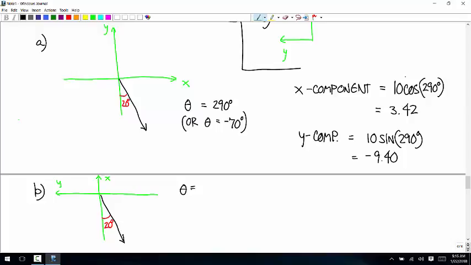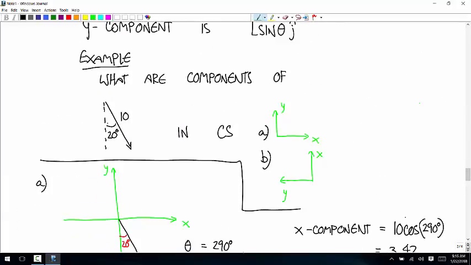Why is it? The magnitude of the vector is 10. I gave it up there. Yeah. Hold on. Yeah, that's L. That's the magnitude.